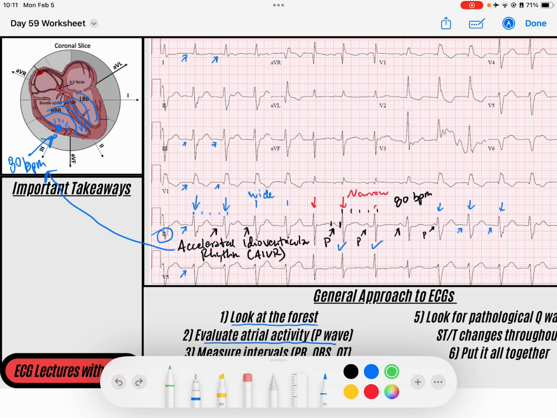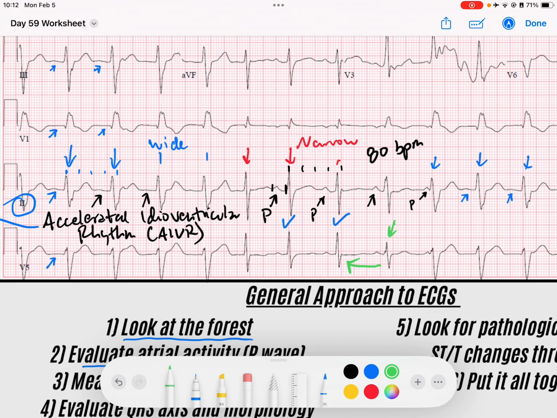So if you look at this beat, it doesn't resemble exactly the narrow complex QRSs, and it doesn't exactly resemble our wide QRSs.